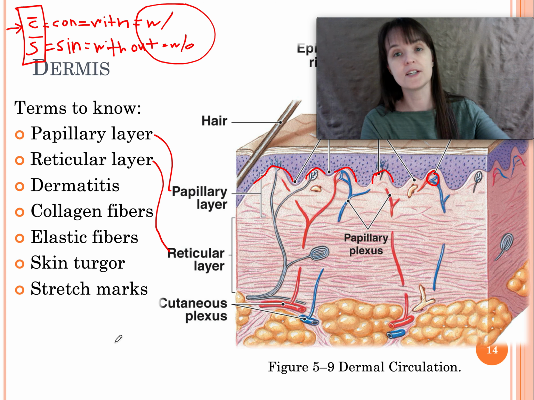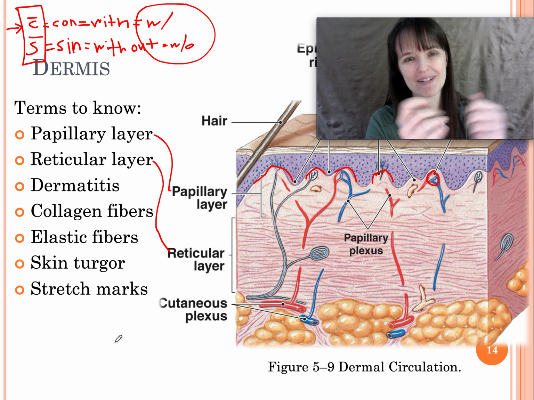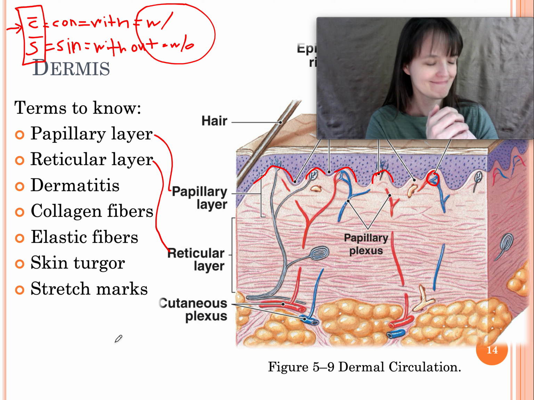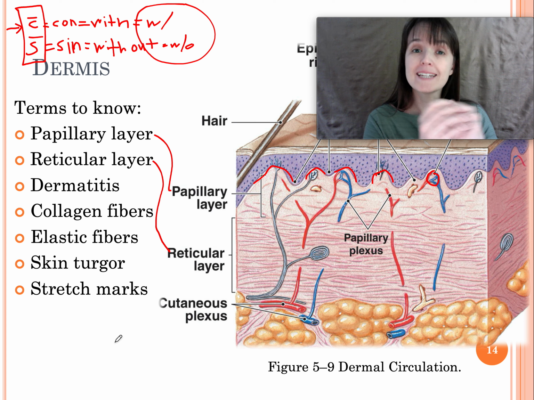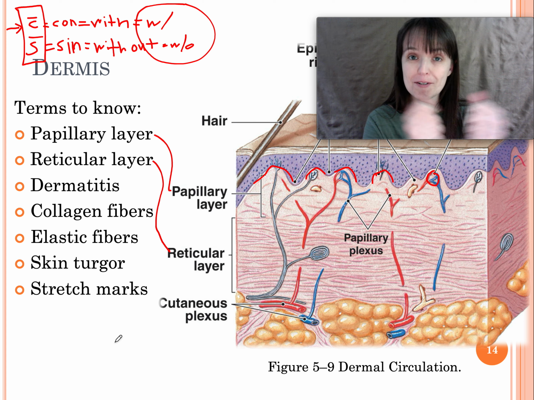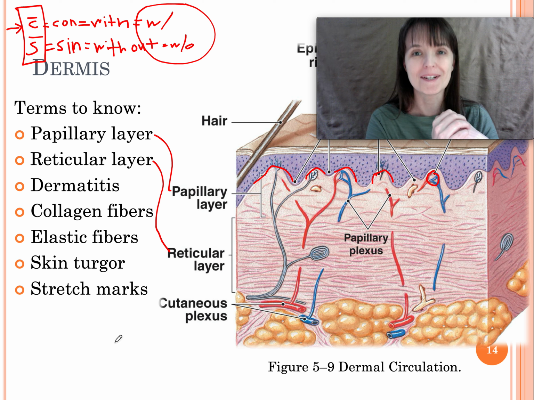And then elastic fibers, you can stretch and recoil without damage. I used to show this with rubber bands, and they would always snap. But elastic fibers in the body stretch and recoil without damage, without snapping, like old rubber bands.